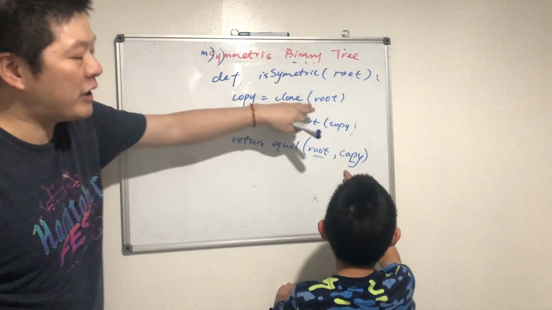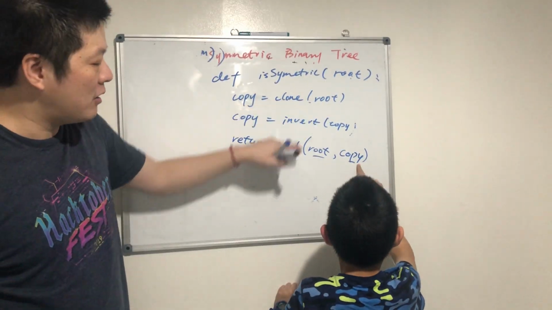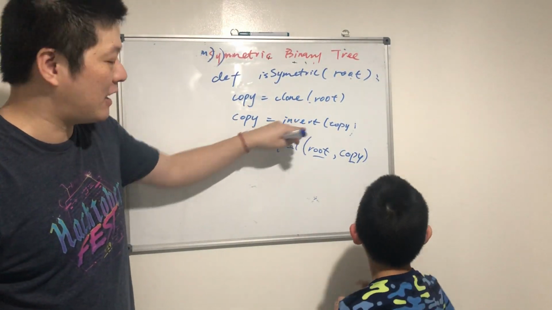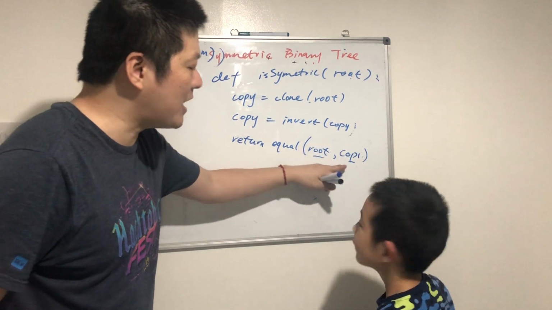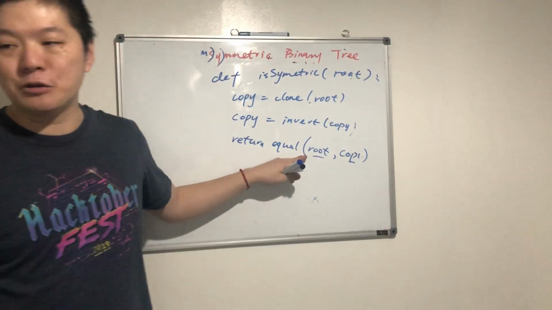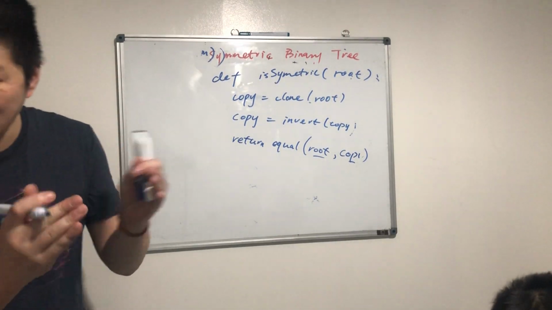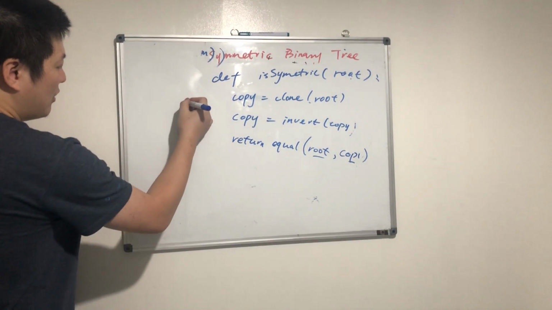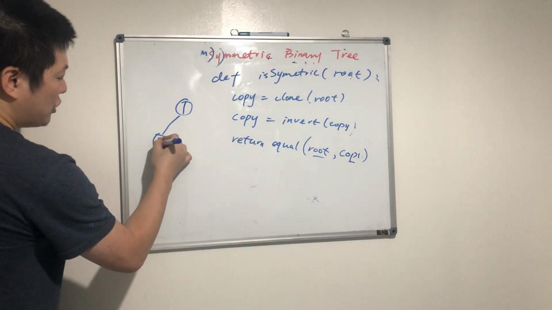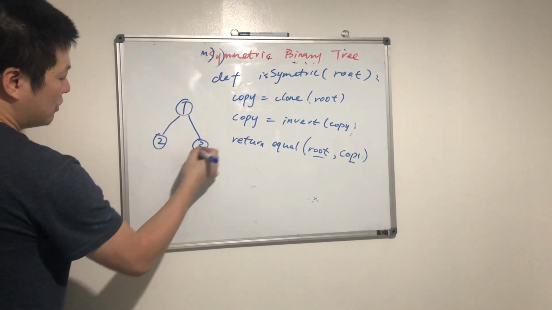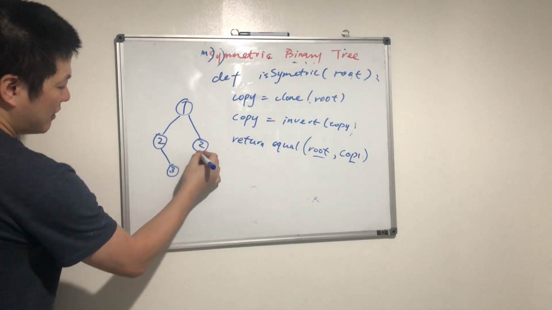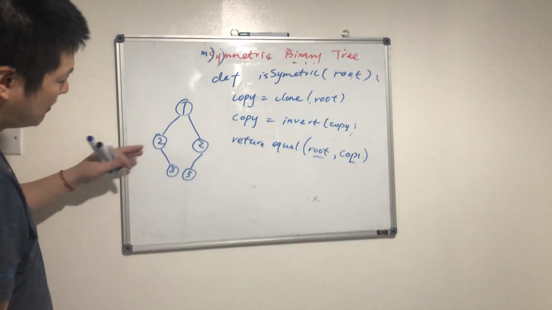Look, we copy the tree, we invert it, and if the inverted version is the same as the root, then it's symmetric. Am I right? Look, 2, 3, 4.